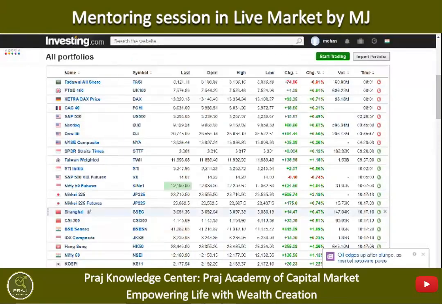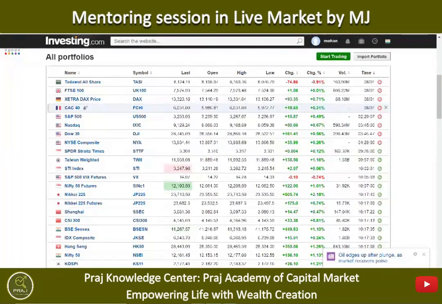FTSE, that's UK. UK yesterday by closing was almost flat. Germany, not impacted by the Middle East, is at 0.71. CAC France got 0.31% upside yesterday because their market closed after our market, right?